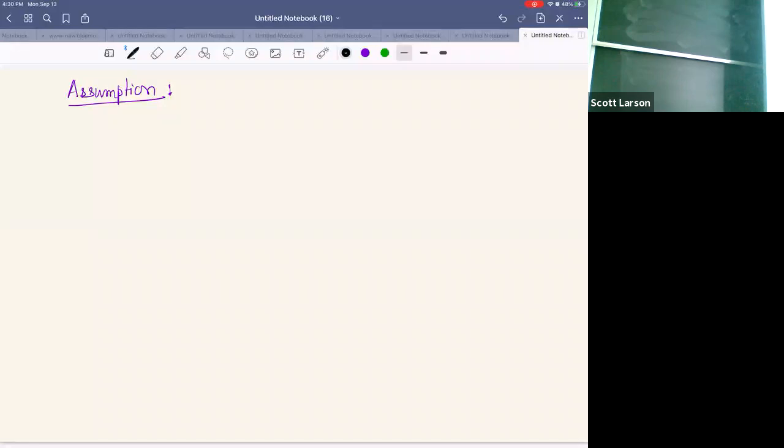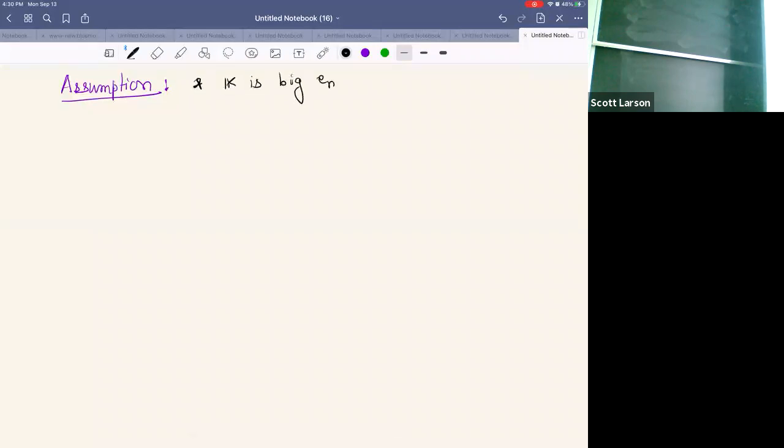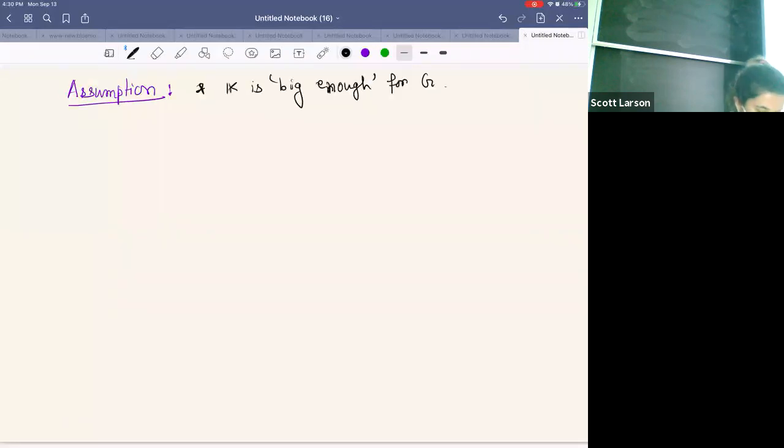So now my field K is a positive characteristic field, and I need two more assumptions on it. One is that K is big enough for G. I'm not going to give the exact definition, but I can tell you vaguely why I need it.